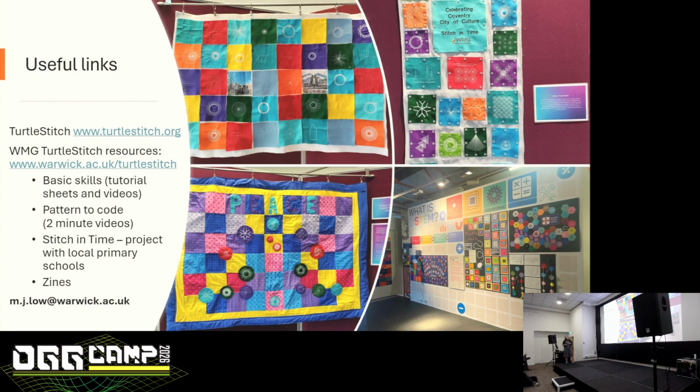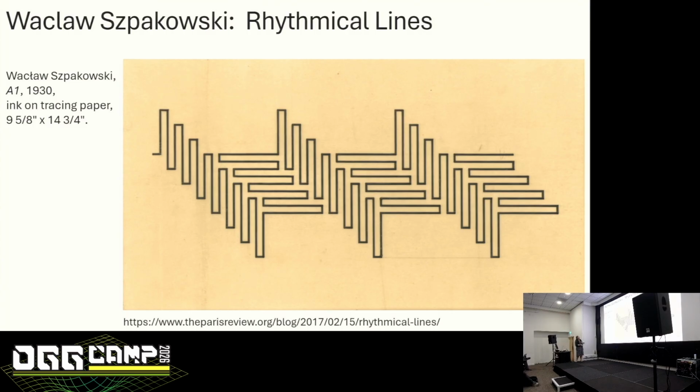Before I finish, though, I wanted to just share one or two other things that in the Turtlestitch community, we sort of get excited about different patterns. And in 2019, Joek van Montfort from the Netherlands started showing us some very unusual patterns. And this is Spakowski. Apologies if I'm not pronouncing the name correctly.